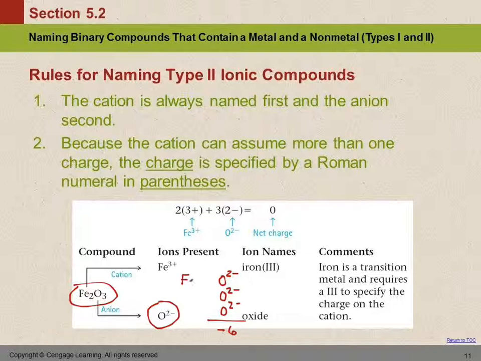I have 2 iron ions. Well, the charge over here has to equal +6. Why? Because the charges add up to 0. Compounds are neutral. The ions combine in a way that overall the charge is neutral.